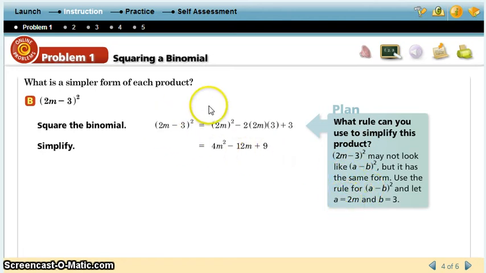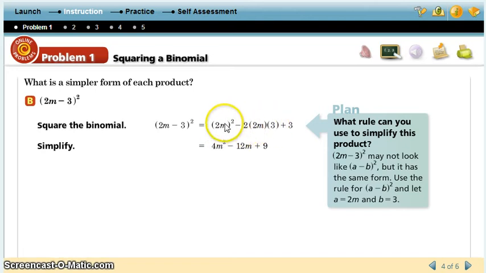So 2m gets squared, and notice it's in parentheses because all of that will be squared. And the 3 will be squared, which they forgot right here. There should be a squared on that 3. And then you have to multiply the 2m and the 3, so that's right here, and double it.